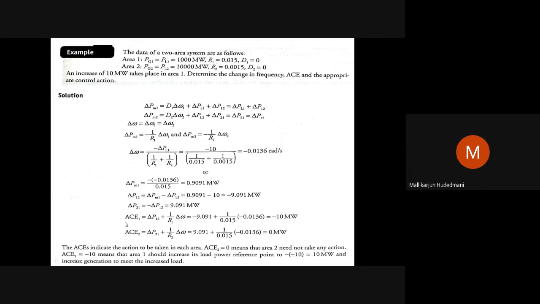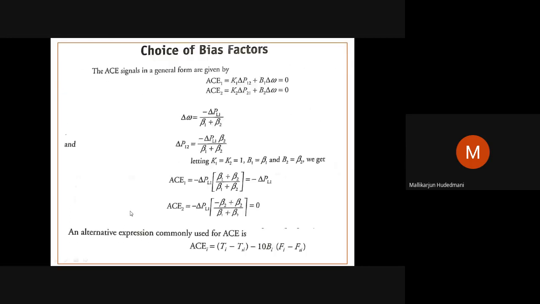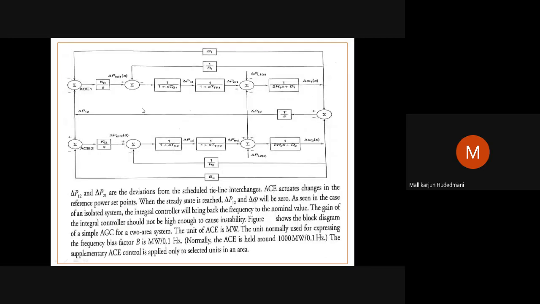If I go back to the situation over here, these two interconnected areas experience a 10 megawatt change in load, but the load is changed in area 1. Therefore, ACE of 1 only needs to act on the integral controller to see to it that energy balance is again maintained for the 10 megawatt drop. So you will find a minus sign here that I have put in other discussion.